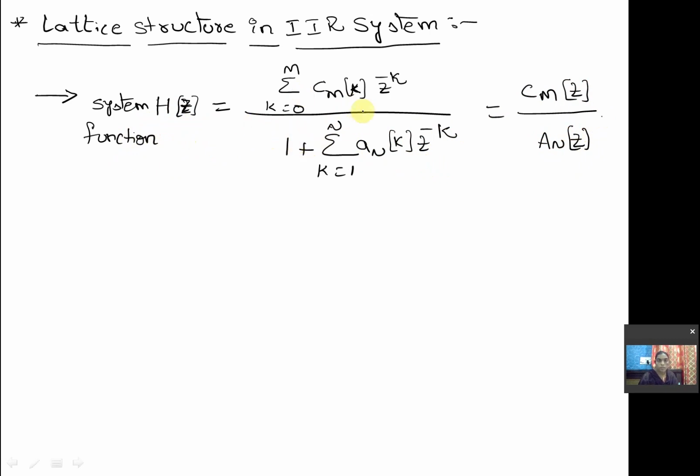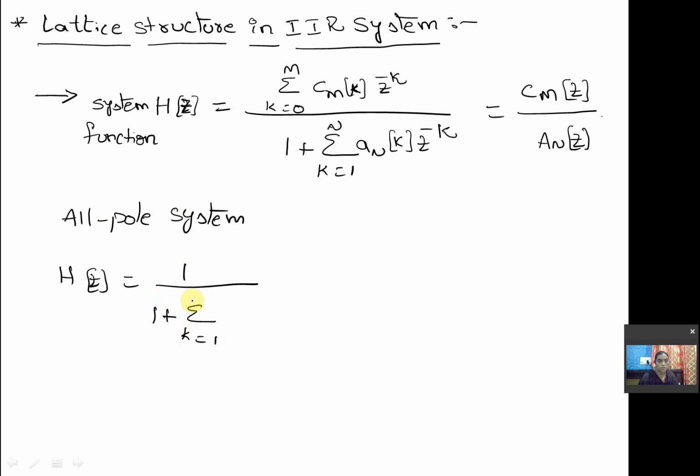So if I consider the system function of an IIR system in this form, and if I consider only an all pole system, so there are no zeros, such that the equation becomes simply 1 by a n of z.